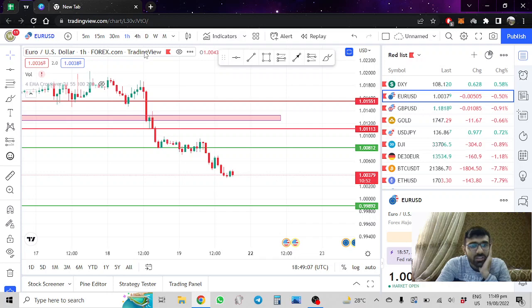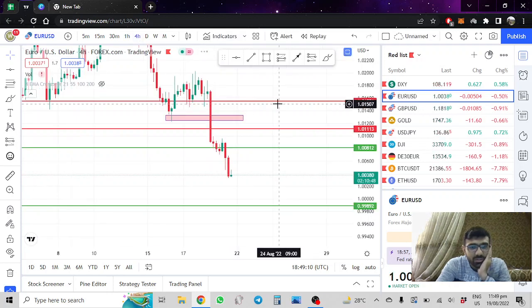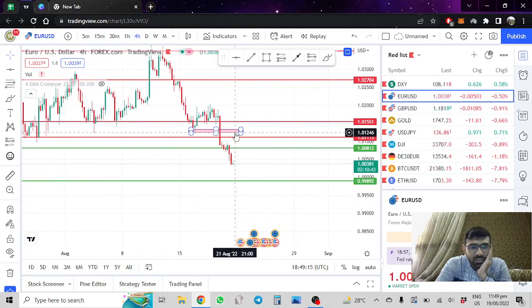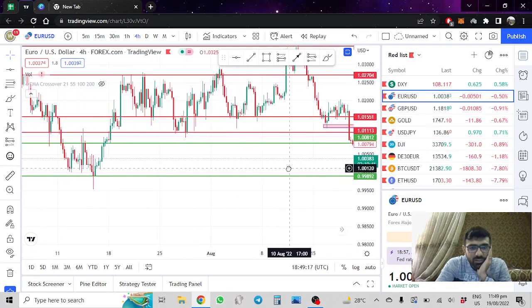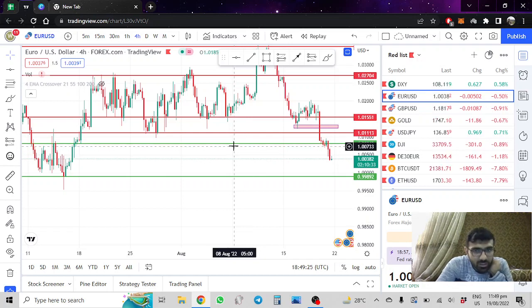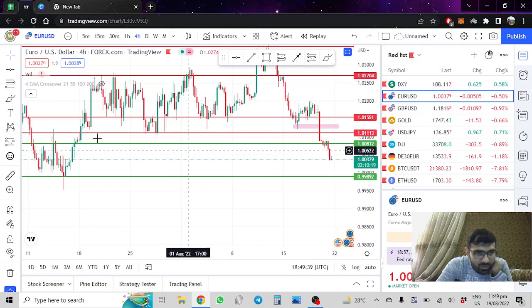Let us see the 4 hour chart and what it tells us. In the 4 hour chart, we are seeing that currently the market is over here. The recent area of interest in 4 hour is this area, and we can see that from this area the market went down once before, rather twice, over here and over here.